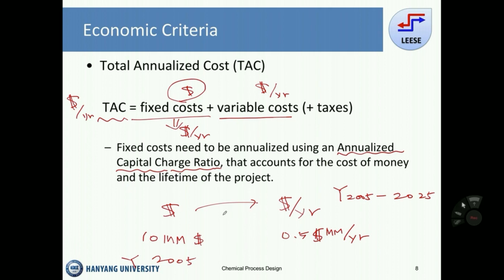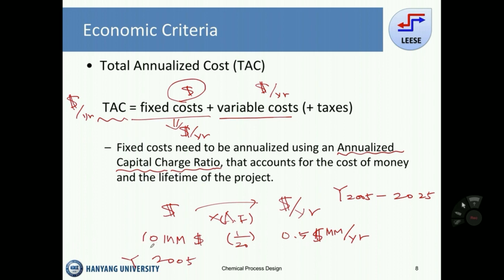What we can do is multiply by an annualization factor, let's say 1/20, then the cost will be $0.5 million per year.